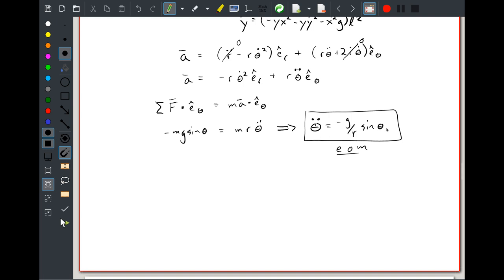And what we've seen before is that acceleration is directly proportional to position, but here we have angular acceleration proportional to the sine of the angle. So we're going to do a linear approximation. We can say sine of theta is equal to theta minus theta cubed over 3 factorial plus theta to the 5th over 5 factorial plus all these.